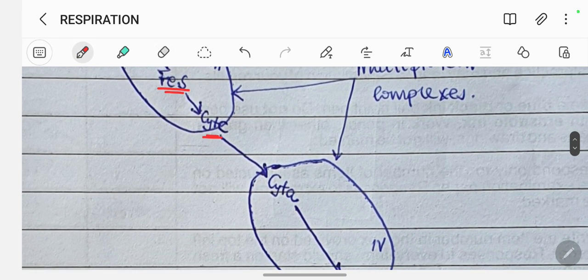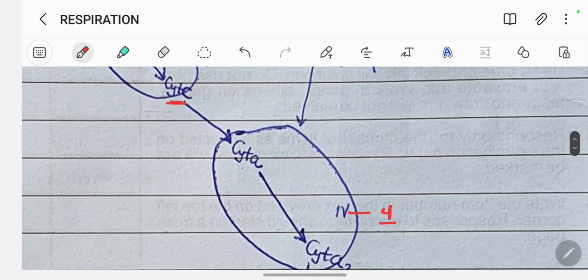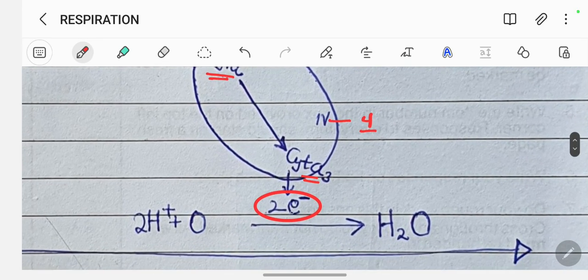Then we move on to protein complex 4. Within this protein complex 4, we have cytochrome A and cytochrome A3. It's cytochrome A3 that's going to submit the electrons, and these are going to be taken by the hydrogen later on.